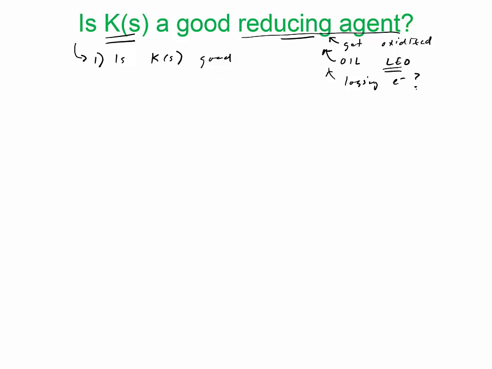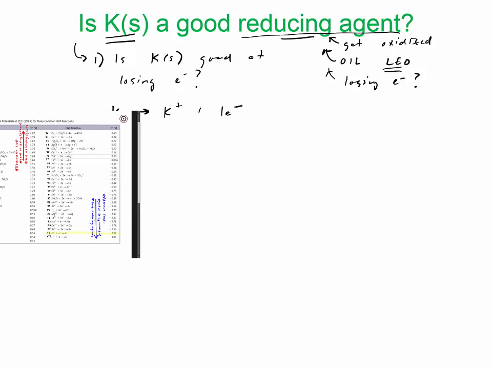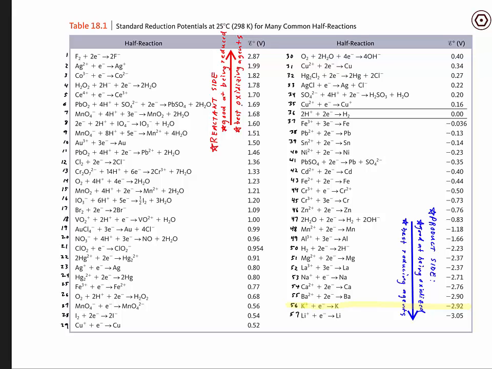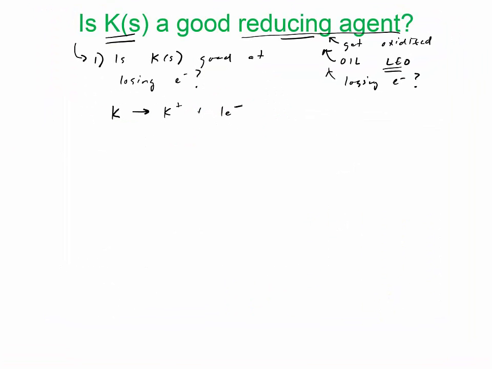Let's write that half reaction. An oxidation has it going from 0 to plus one, losing an electron. It's actually the reverse of number 56, so we flip this sign and we get a positive 2.92.